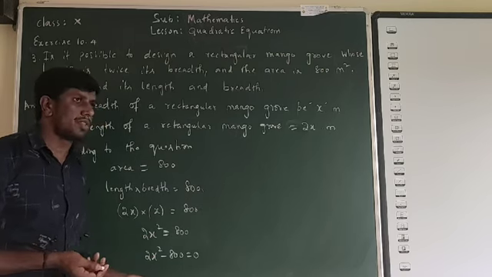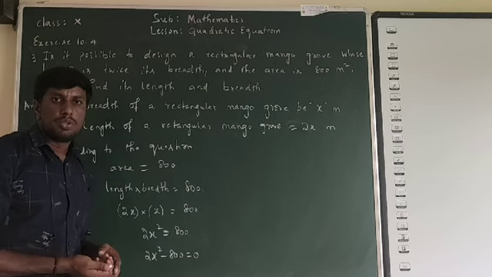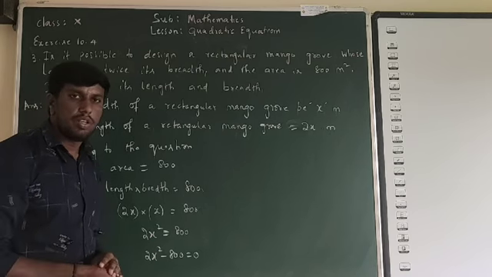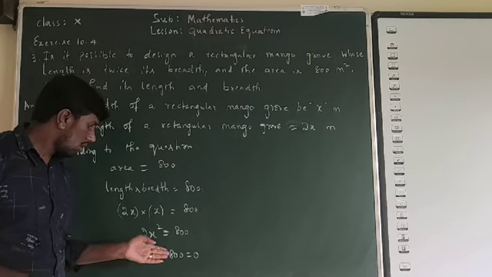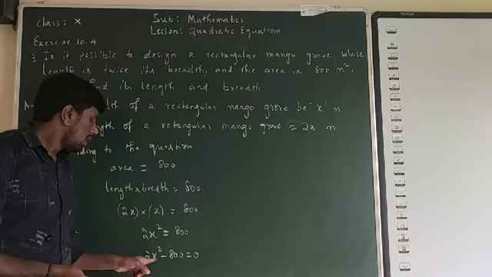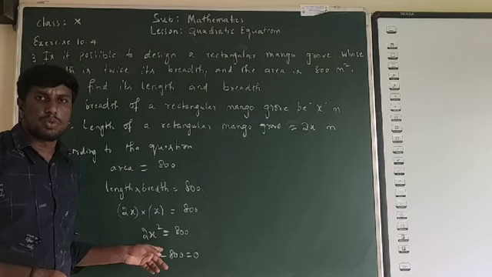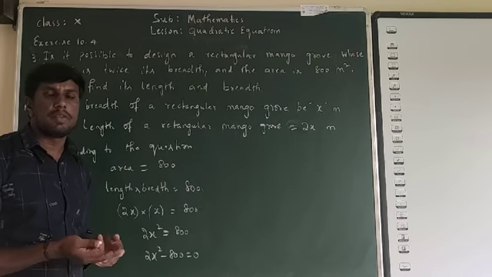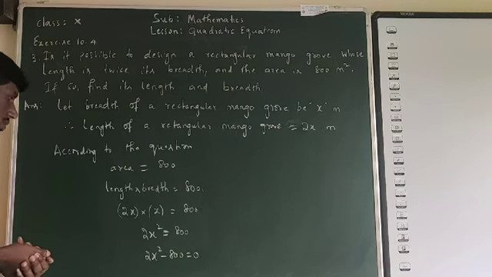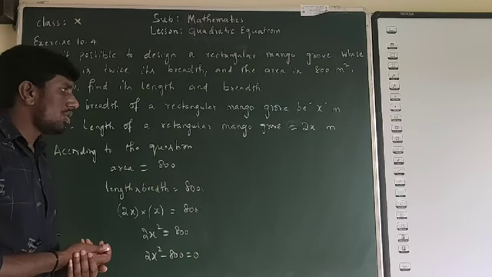Of course, the x term is missing, but that will not make any difference. Even if the x term is missing, it is still a quadratic equation, right? Because we have a variable x and the highest power is 2, it is called a quadratic equation. So definitely it is a quadratic equation.